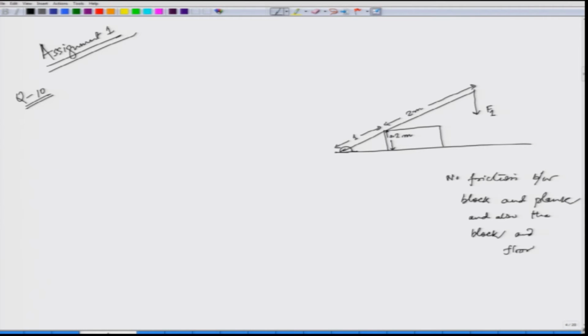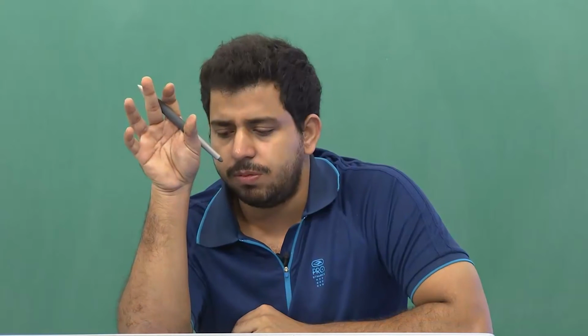So the question is, what is the horizontal force F that should be applied on the block to keep the system in equilibrium? Suppose we are applying a horizontal force F here. What should be the minimum value of F so that the system remains in equilibrium?